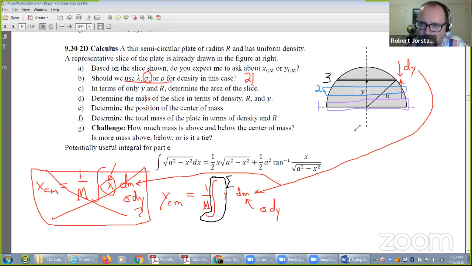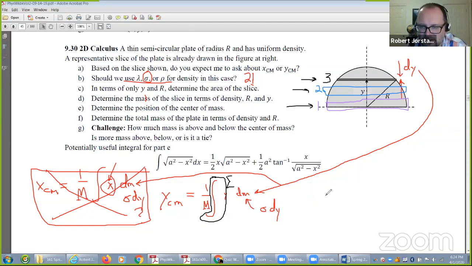When we add all these things up, we're doing a weighted average in the vertical direction. You could think of this as exam score 1, exam score 2, and exam score 3, and we're adding them up, and each one has a different amount of weight. Each one has a different amount of mass, so each one will affect the calculation differently.